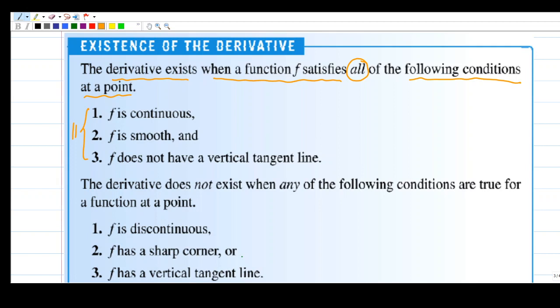Right? Those three conditions must be satisfied for the derivative of a function to exist at a point.